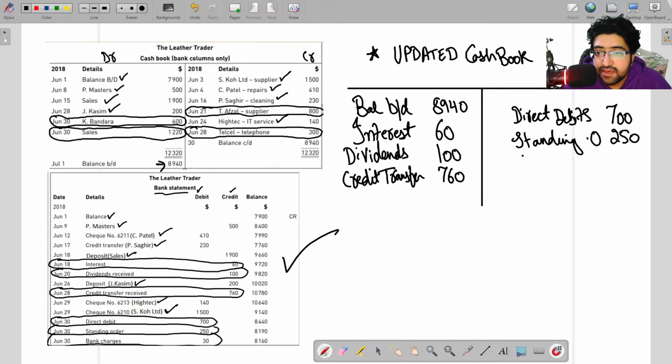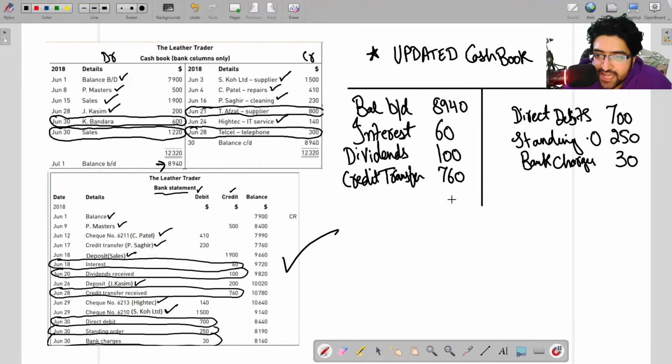And finally we have paid bank charges of $30. So these are my payments. This is the money I have received, which I'm not informed about, or which I don't know about. Standing orders and direct debits are also payments through your bank account, as you know.